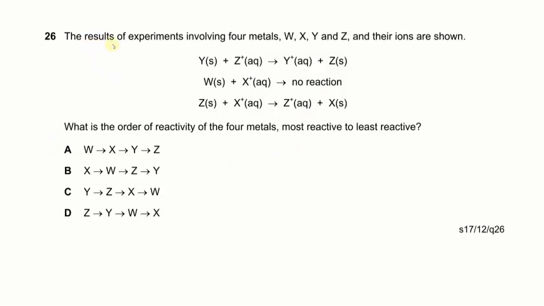In the next question, the results of experiments involving four metals W, X, Y, Z are shown, and we have to predict the order of reactivity, most reactive to least reactive.